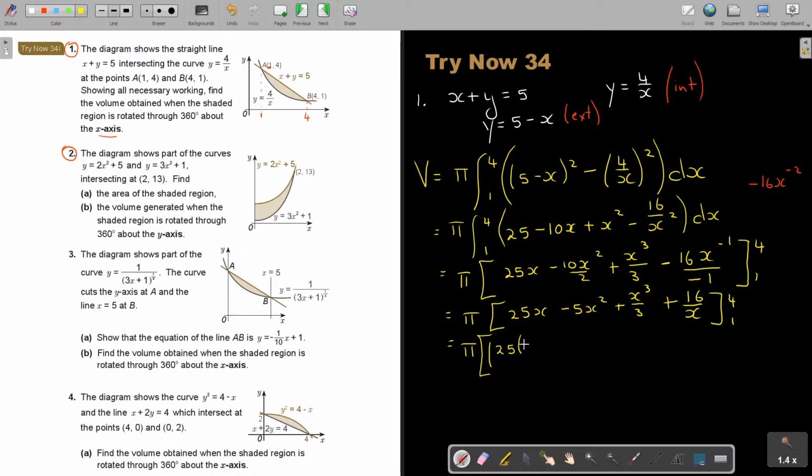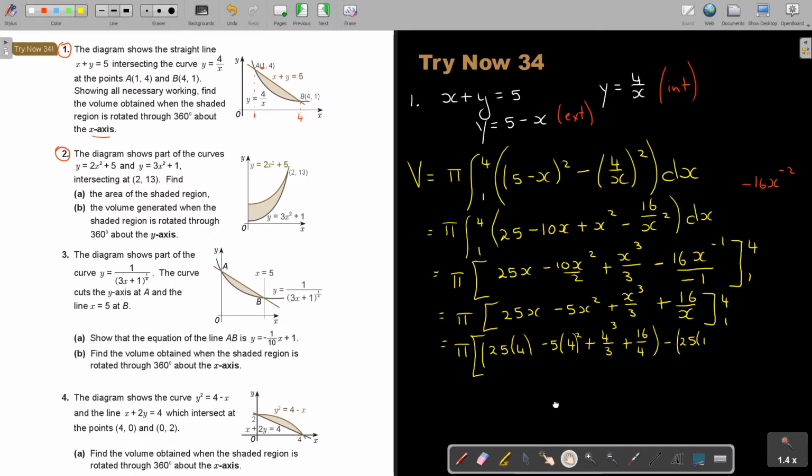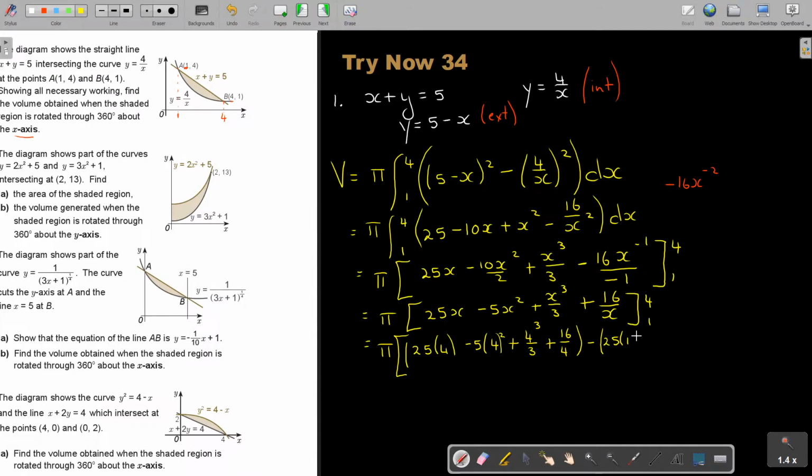So it's 25, 4 minus 5, 4 squared plus 4 to the power of 3 over 3 plus 16, 4 minus 25, 1 minus 5, 1 squared plus 1 to the power of 3 over 3 plus 16, 1.